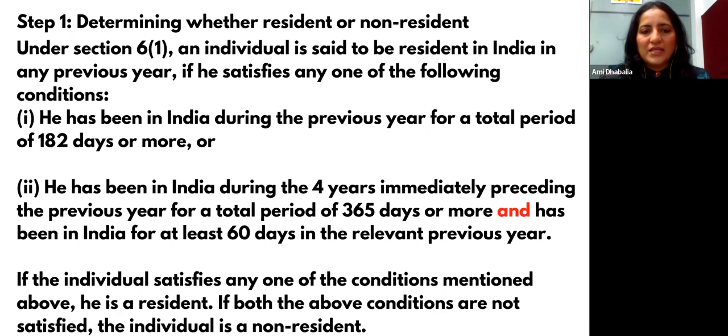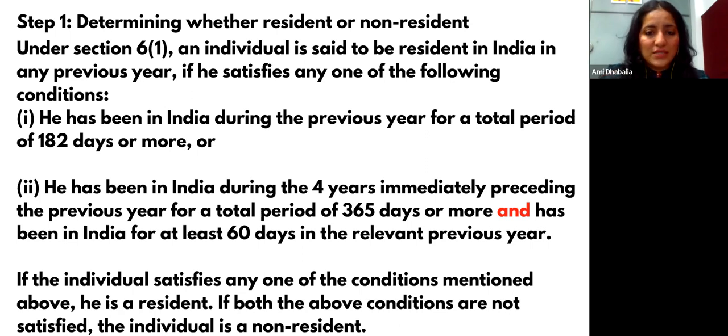He has stayed in India during the previous year for a total period of 182 days or more, or he has been in India during the 4 immediately preceding previous years for a total period of 365 days or more, and has been in India for at least 60 days in the relevant previous year. That is, if my financial year in question is 22-23, then my 4 years will be 21-22, 20-21, 19-20, and 18-19.